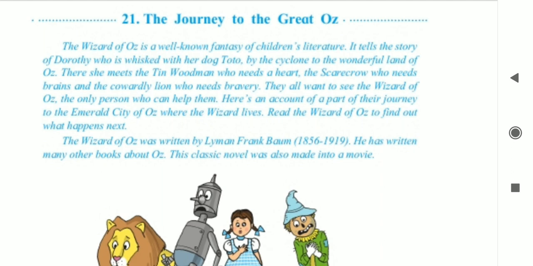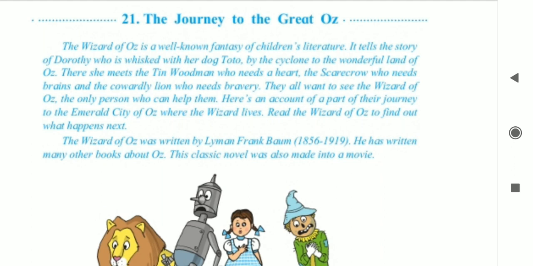They all want to see the Wizard of Oz, the only person who can help them. Here's an account of a part of their journey to the Emerald City of Oz, where the wizard lives. Read The Wizard of Oz to find out what happens next.